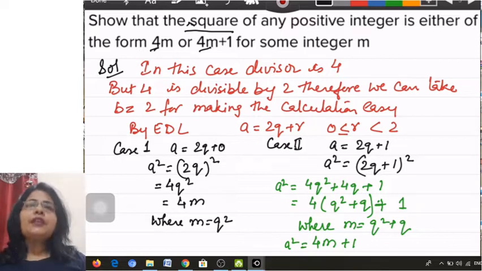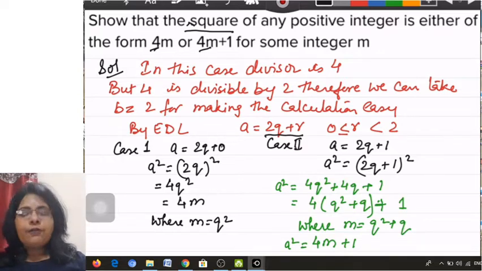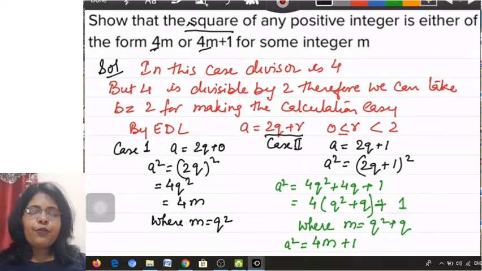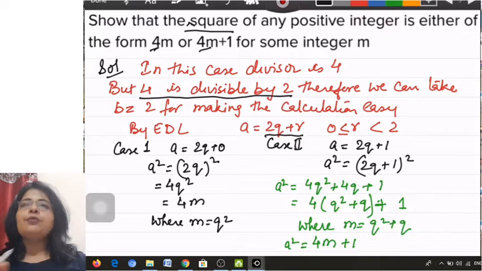By Euclid division algorithm, we need not write a equal to 4q plus r. We will write a equal to 2q plus r. This involves certain steps which we can reduce. Instead of writing a equal to 4q plus r, we can simply write a equal to 2q plus r, because 4 is divisible by 2.